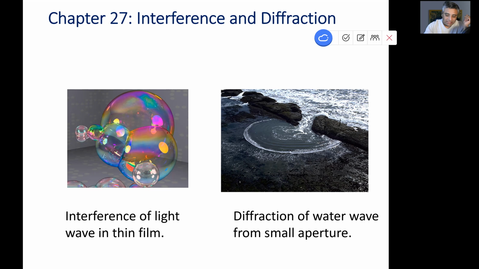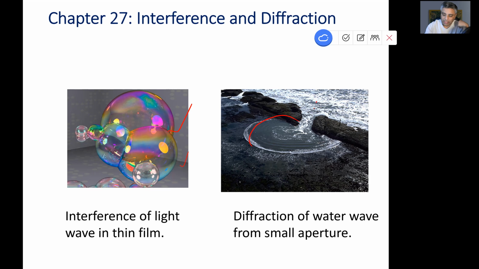For example, we see this color in soap and thin films sometimes when there is a little oil on the surface on top of water. You may see from the top this color film, right? Similarly, soap bubbles may look colorful. So to describe that phenomenon, and similarly to describe this spreading of the wave.